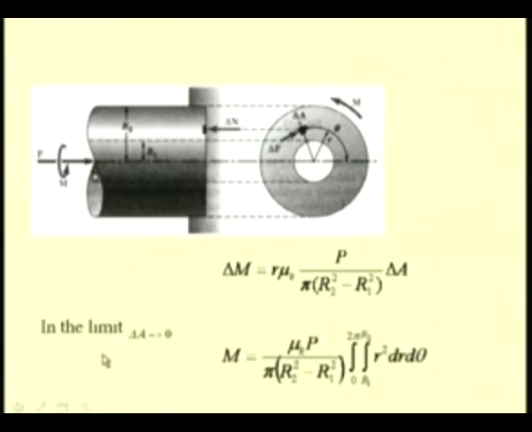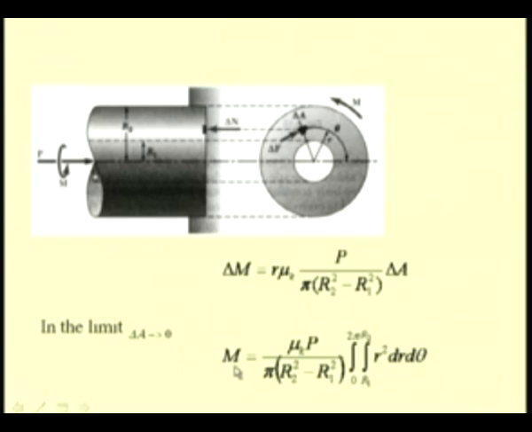So, now we integrate to find the total moment. The integration limit is 0 to 2 pi and r from r1 to r2.